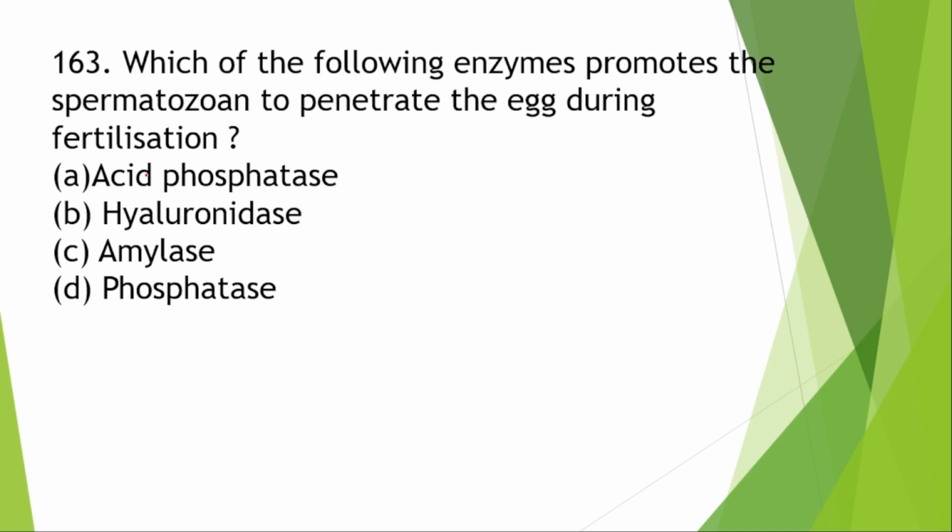Next, 163. Which of the following enzymes promotes the spermatozoa to penetrate the egg during fertilization? Acid phosphatase, hyaluronidase, amylase, and phosphatase. So here the right option is hyaluronidase.